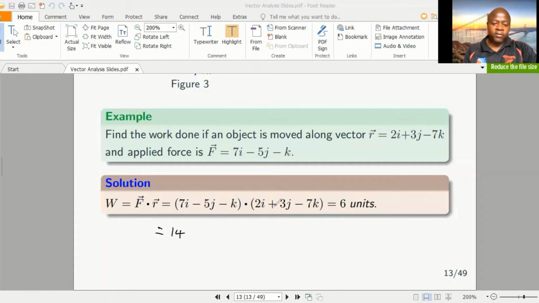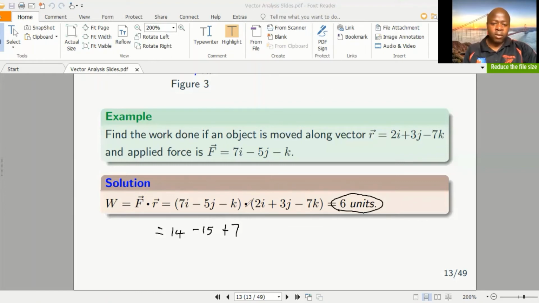And then negative 5 times 3 would be negative 15. And then negative 1 times negative 7, which would be 7. And so this is 21 minus 15, which is 6 units. So this is work done.